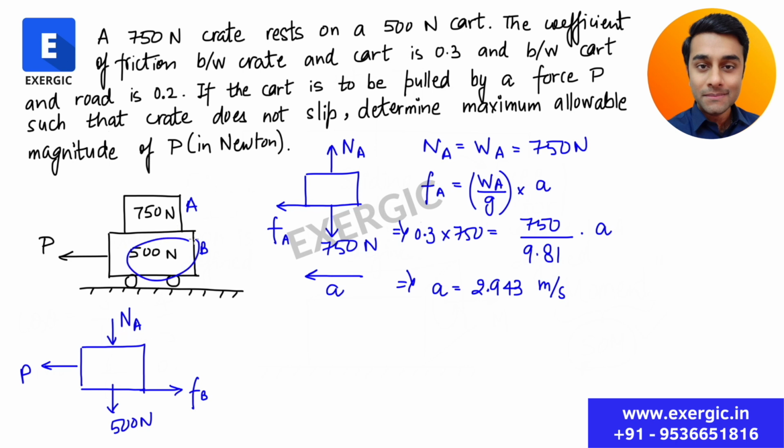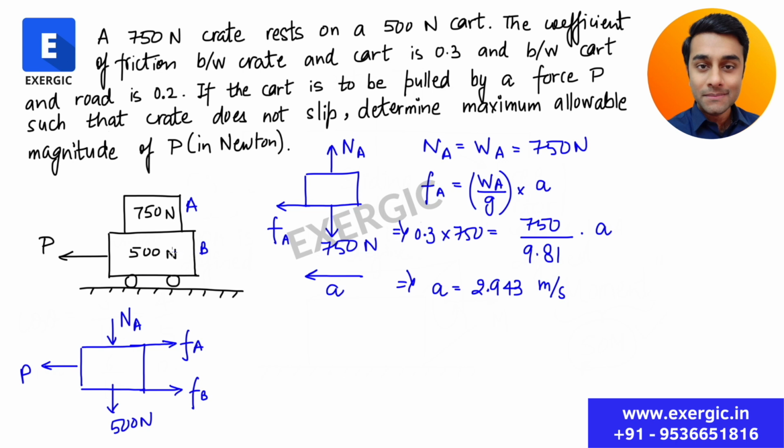Also, A and B have friction in between them at the surface that we have already considered here. So if friction between A and B is acting in this direction on A, then it will act in this direction on B. Newton's third law. So the reaction of the friction force on A will be in this direction.